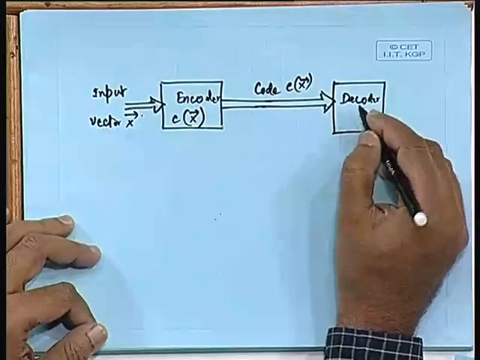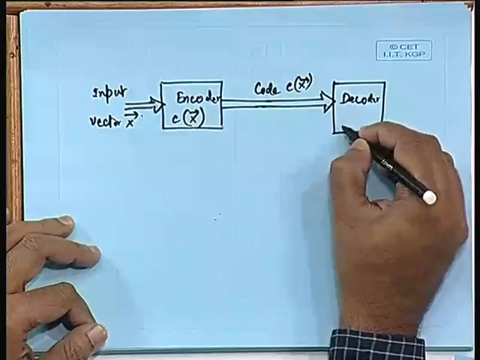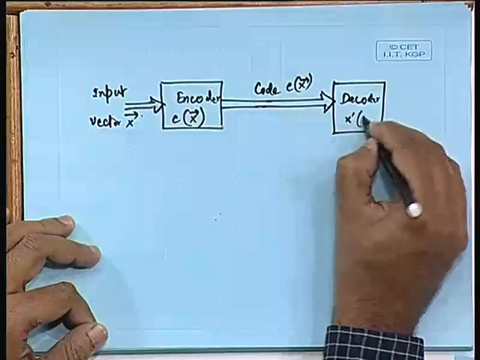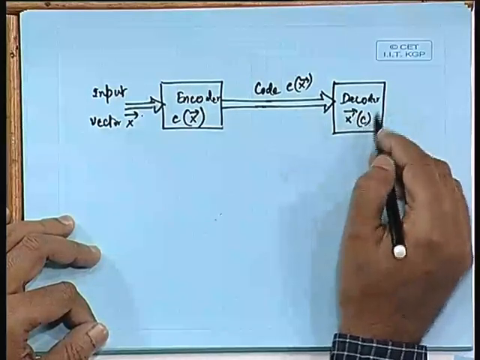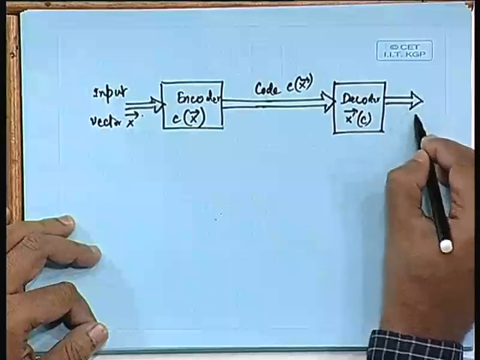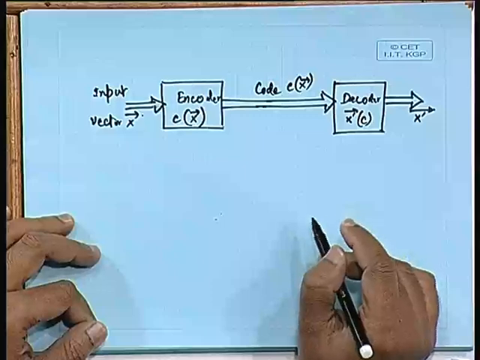Now, this code c of x will be passed to the decoder, and the decoder function we write as x prime vector of c. What the decoder will try to do is get back this vector x, but it will not get x exactly, it will get x prime.